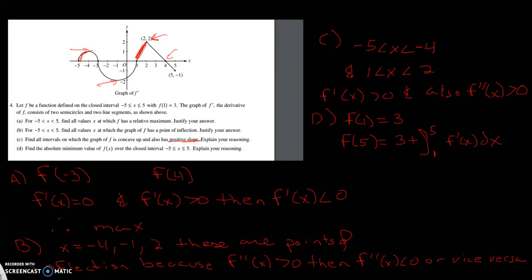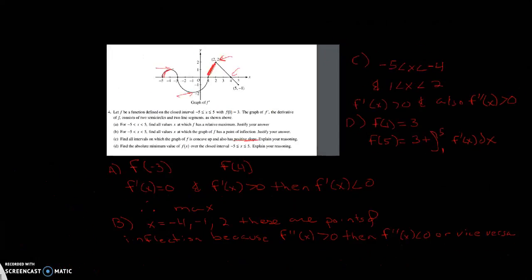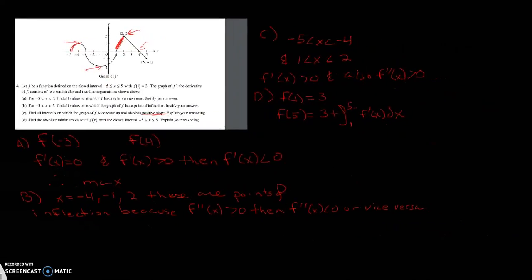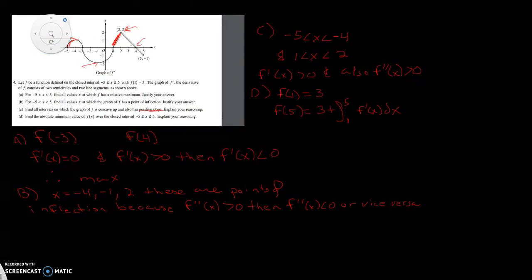Okay, now I'm going to make this a little bit smaller so I have more writing room and move it over. Okay, so now if I want to find the area, I've got to find the area of this, which is positive because it's above the x-axis, and then I've got to subtract out that little area right there. So now I would do 3 plus, the width of this is 3, 1, 2, 3, yep.